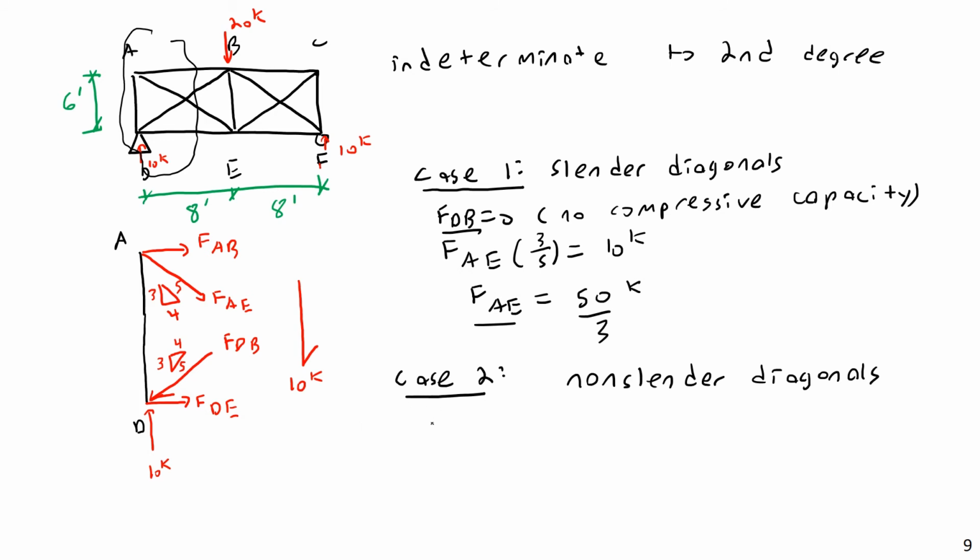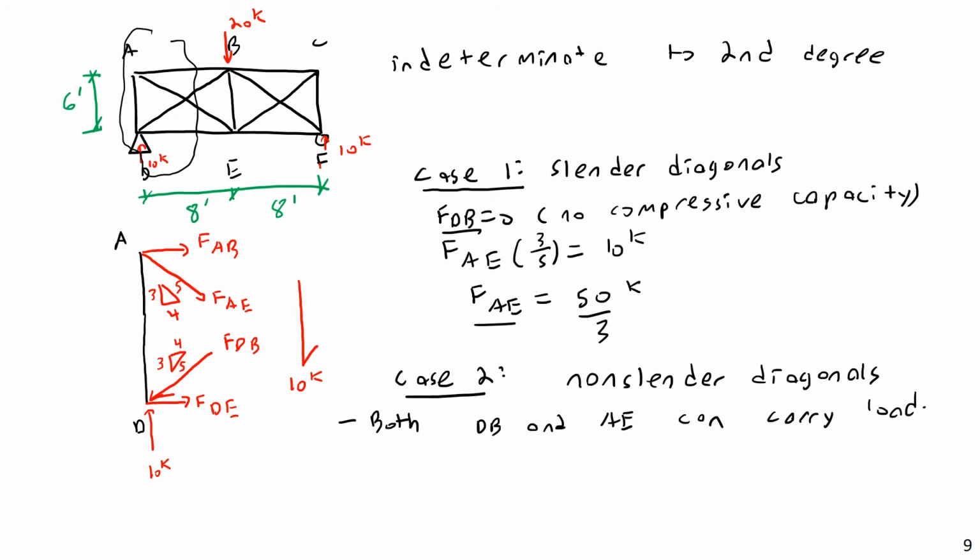I'm going to assume that both FDB and AE can carry load. In other words, one will be in compression, but one will be in tension. That will be fine because we have reversible numbers. We're using something like a W section, not a simple steel cable.